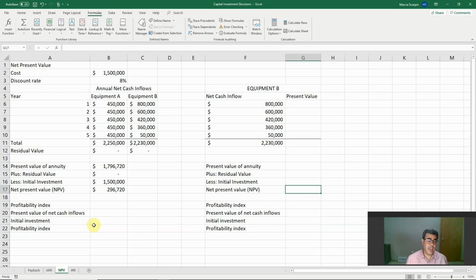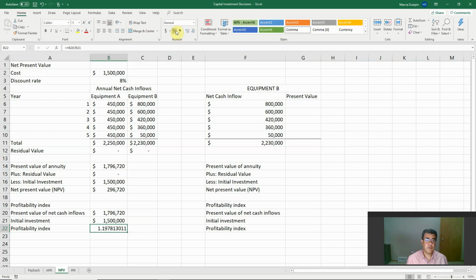So we have a profitability index: present value of net cash inflows divided by initial investment. So what do we have here? Present value of net cash inflow 1.7, initial investment 1.5. So the profitability index is 1.20.